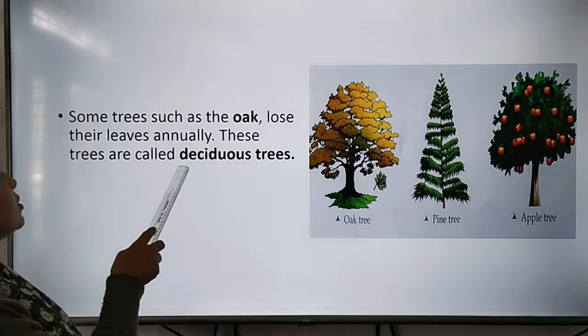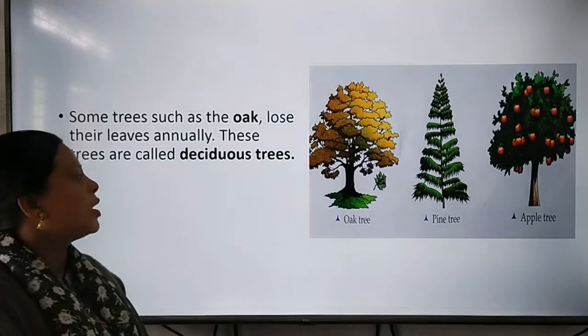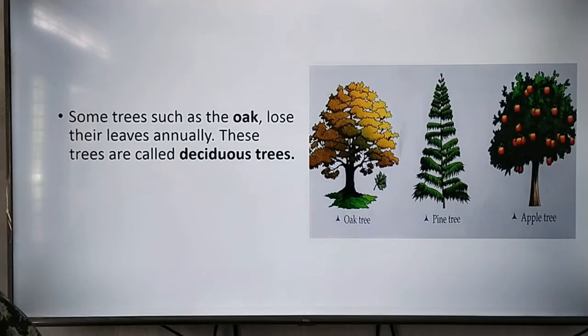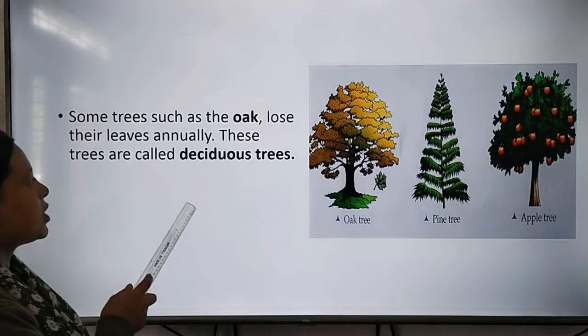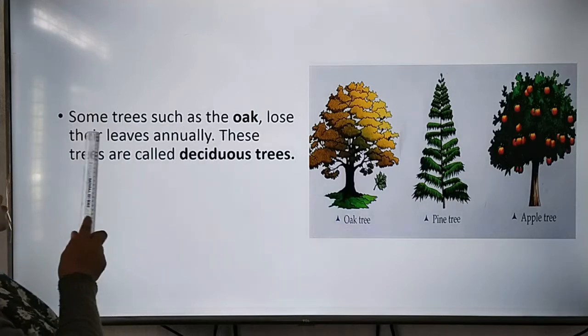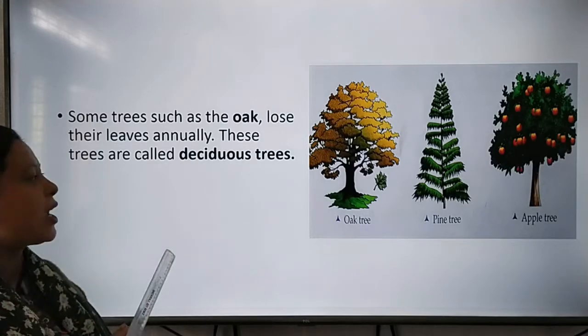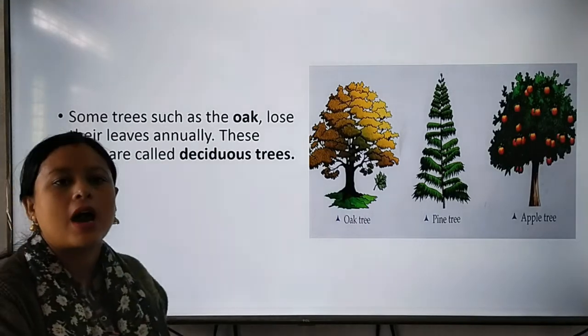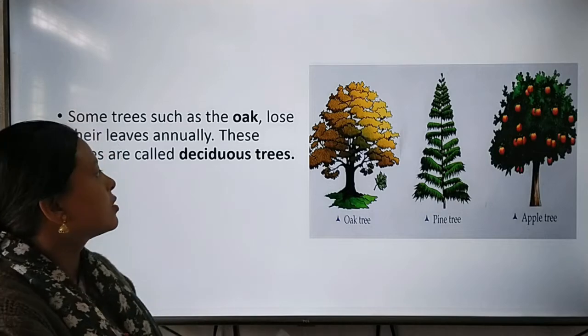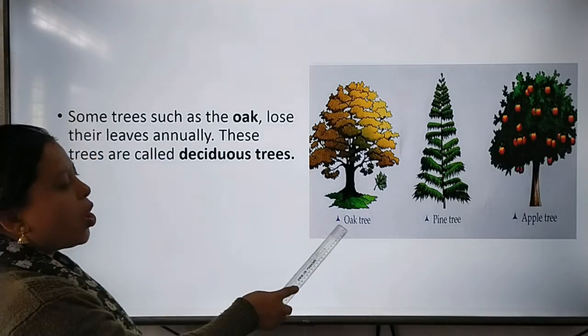These trees are called deciduous trees. So, what are deciduous trees? Deciduous trees means the trees which lose their leaves annually, that is yearly, okay. For example, the oak tree.